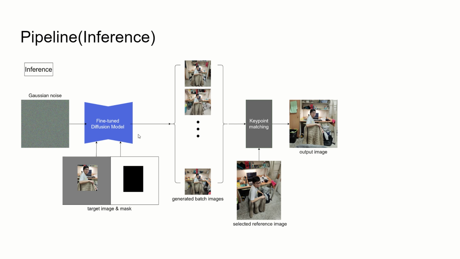However, since the inference process is still stochastic, generated images might come with undesired distortion and artifacts. Therefore, we generate a batch of images first and rank them by LightGlue, a transformer-based keypoint matching algorithm, against one of the selected reference images. The image with the highest correspondence is selected as our final result.